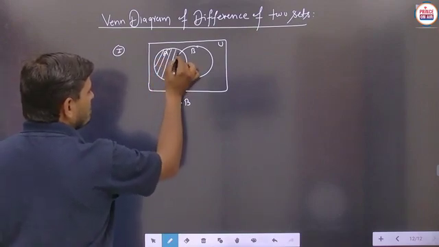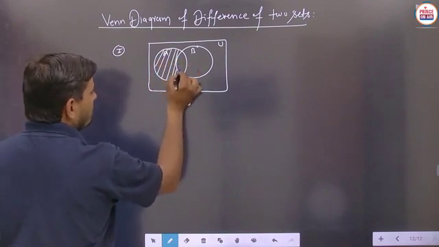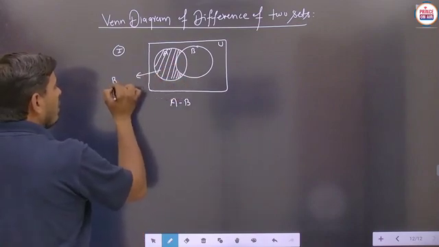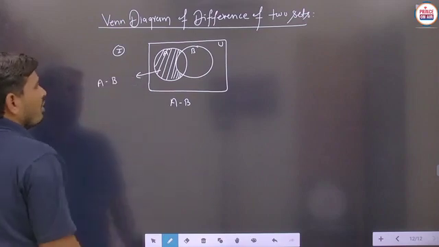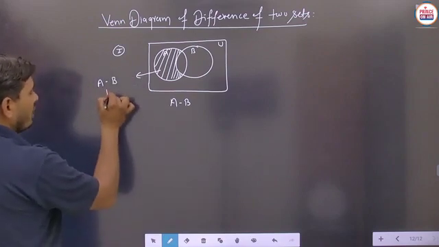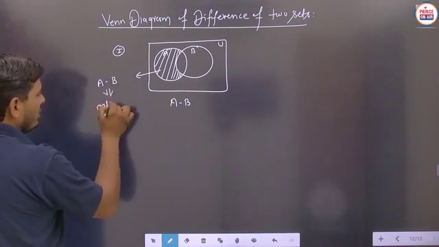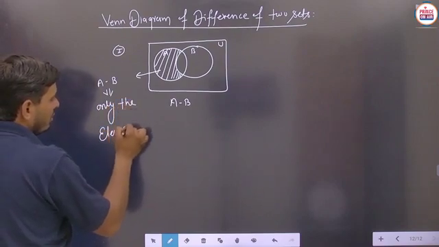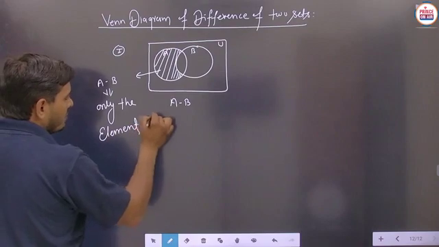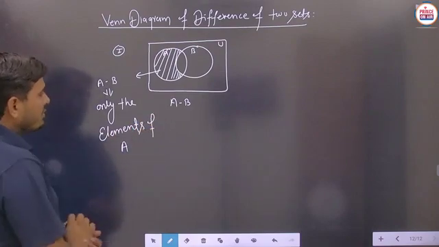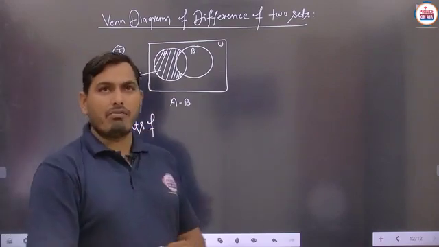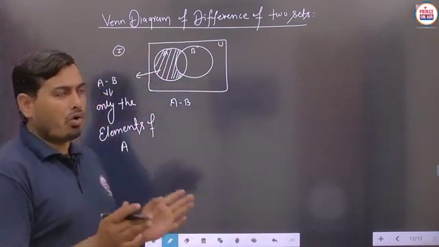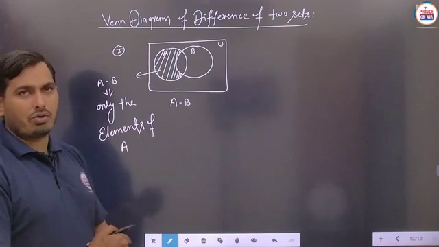This particular part will specify A minus B because we have to take only the elements of A. No element common to B is to be written here. Is it clear?